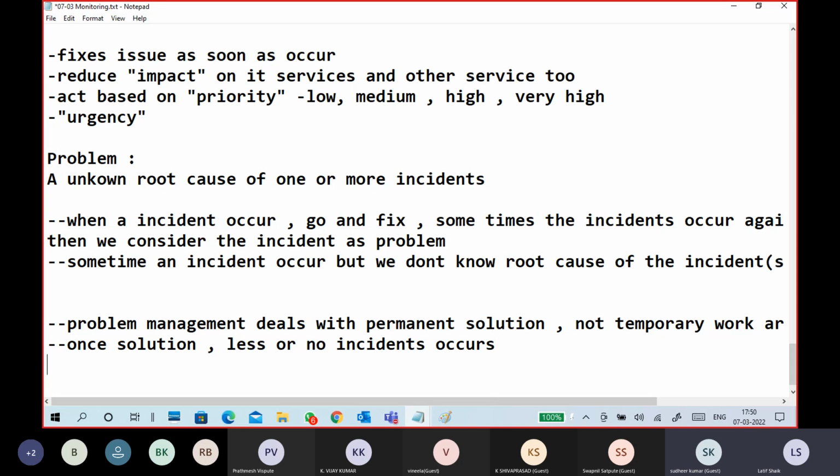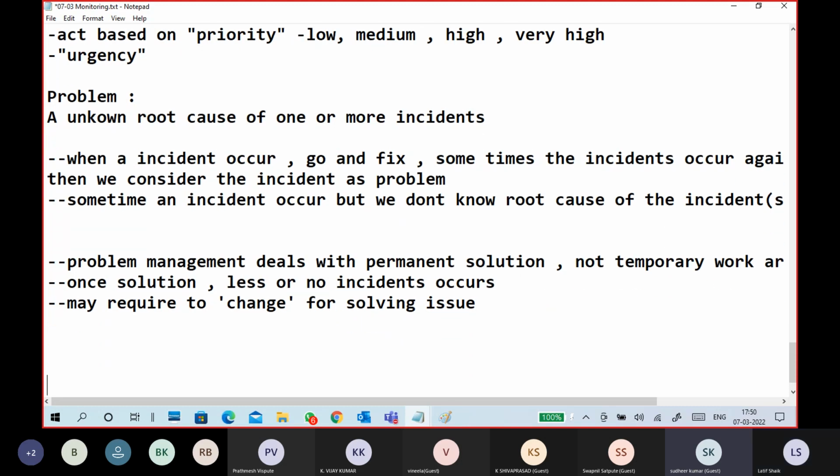It may be required to make a change for solving the issue. A permanent solution also requires change management.